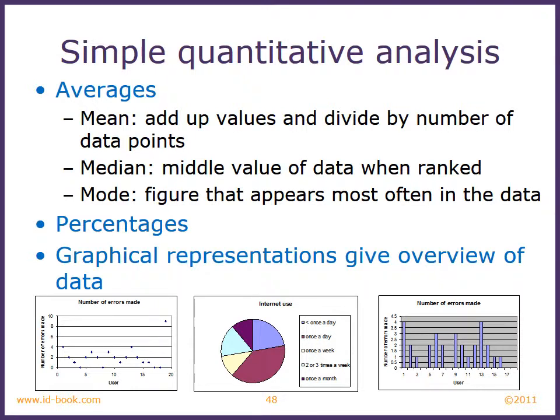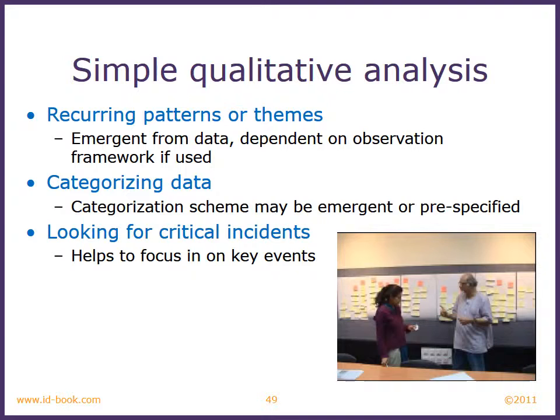And graphical representations are always good to have, like pie charts, bar charts, and scatter diagrams, which all help to analyze the data. Simple qualitative analysis looks at recurring patterns or themes emergent from data, dependent on observation, the framework in use, and categorizing data. Looking for critical incidents helps to focus on the key events.